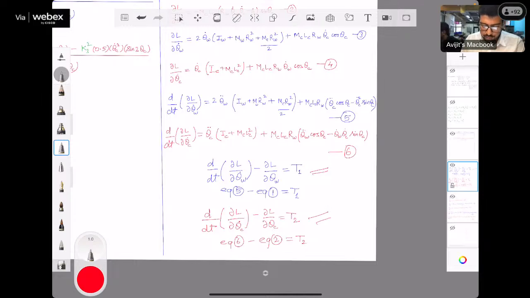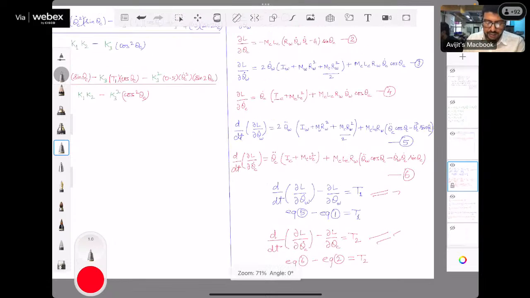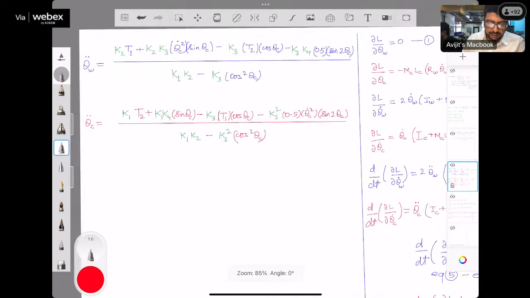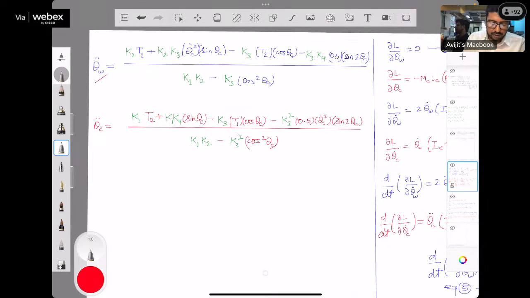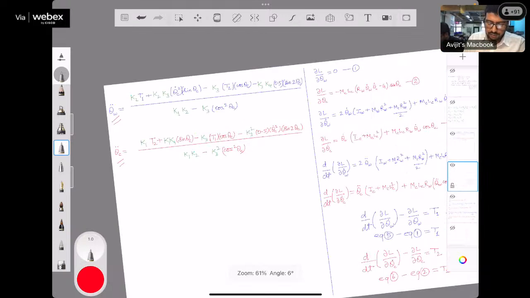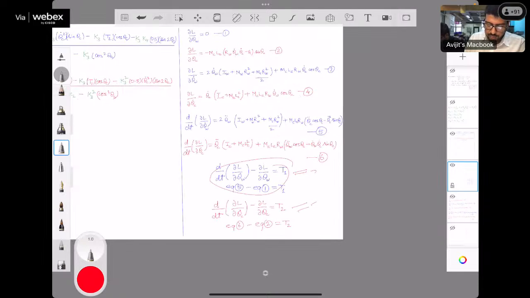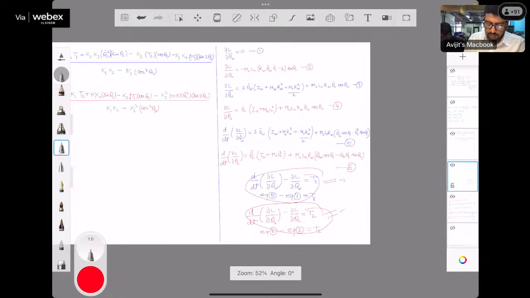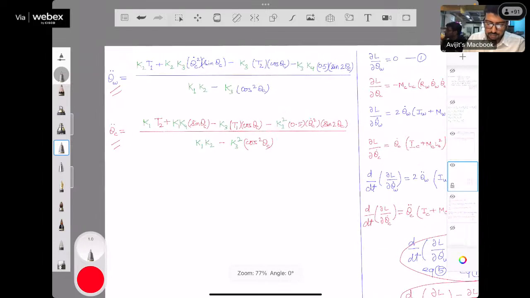What we will do is put equations 5, 6 and 1, 2 into these two equations. And what we will try to do is bring theta w double dot and theta c double dot to one side, and everything else on the other side. By doing that, we will be able to convert these two equations into these two equations.